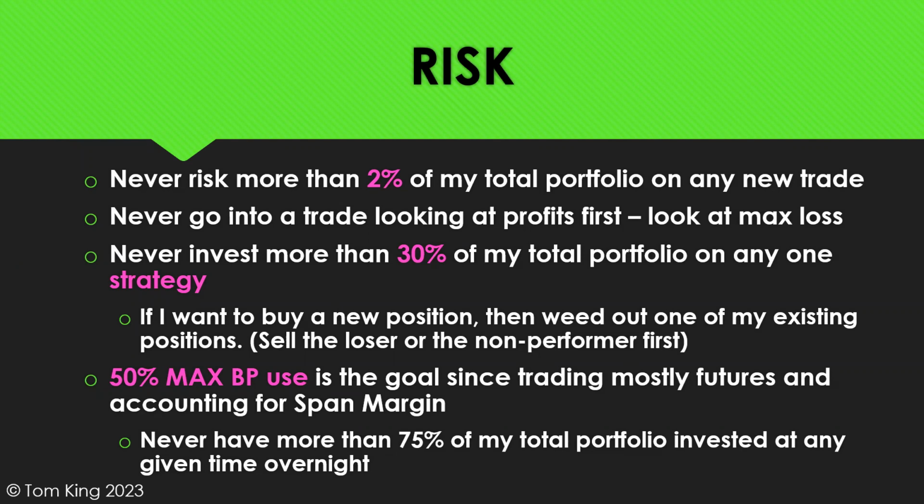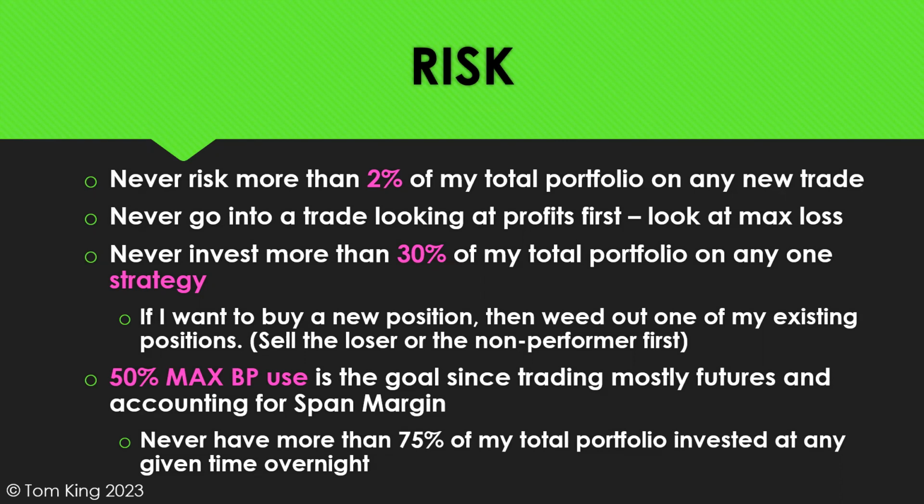And speaking of that, 50% is the max buying power that I will use in my account. I trade mostly futures, so I have to account for span margin when things drop, which can significantly rise up. The larger your portfolio, the easier it is to handle span margin.